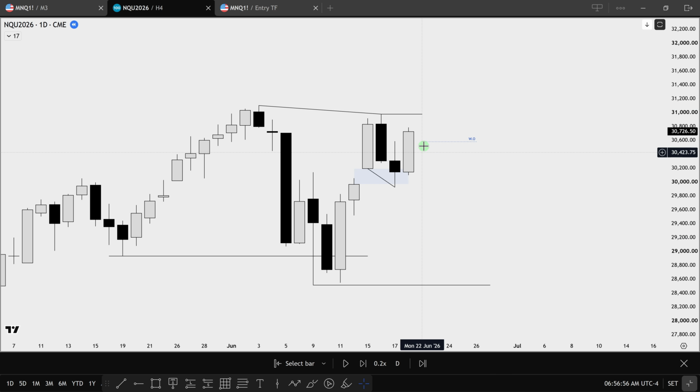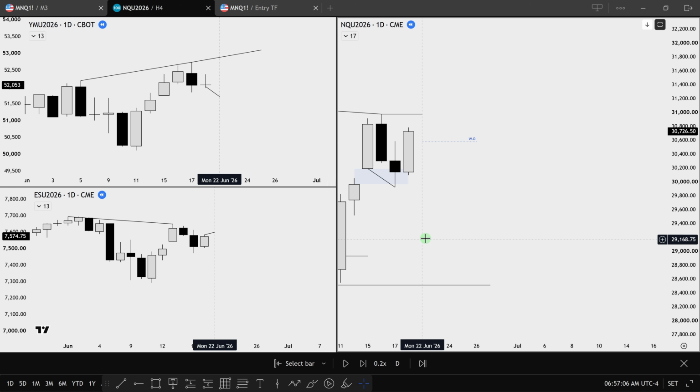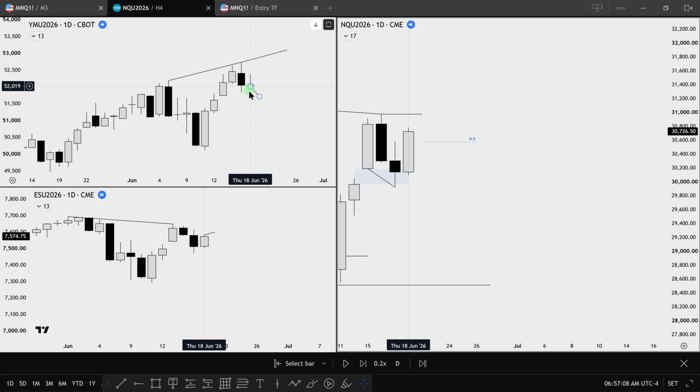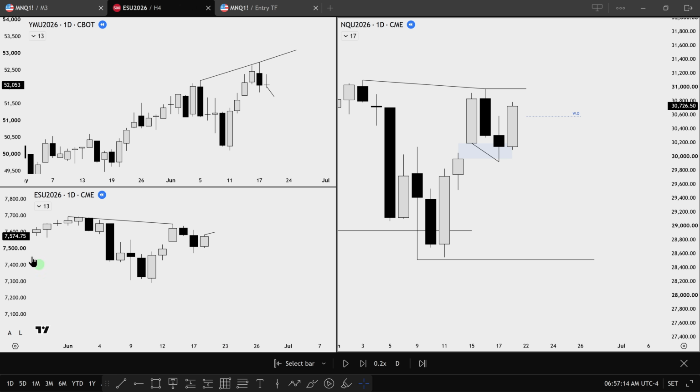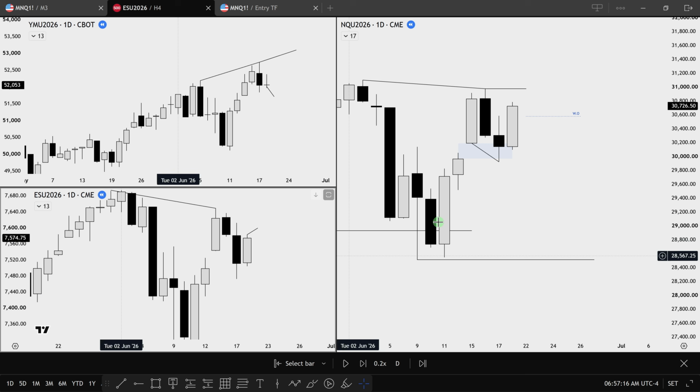That makes sense. We want the new day to open low first, tap into the 50% of this previous candle, and then expand to this high. That would make sense. But as you can see, the YM is very different from what it looks like on the NQ and ES. But that's beside the point.